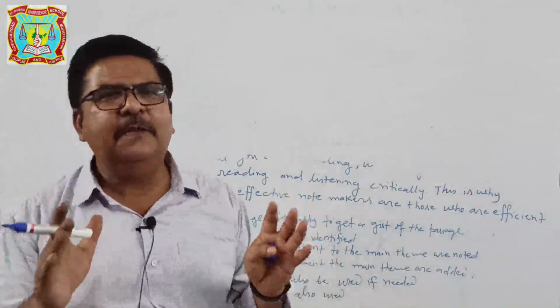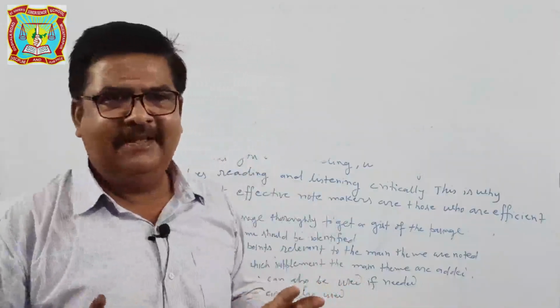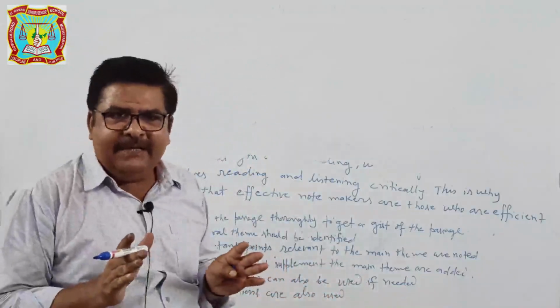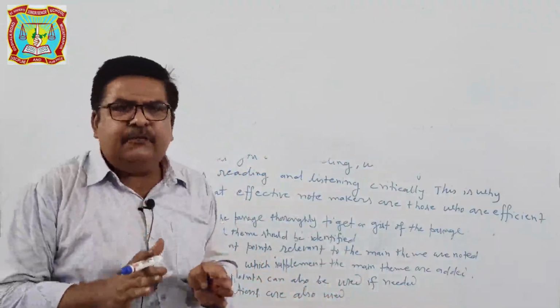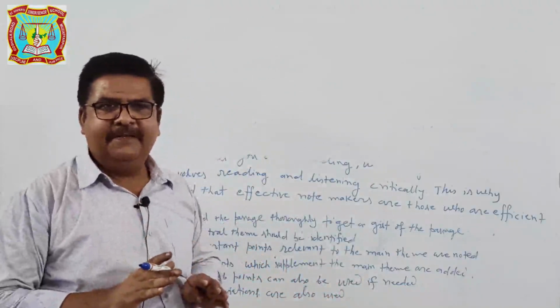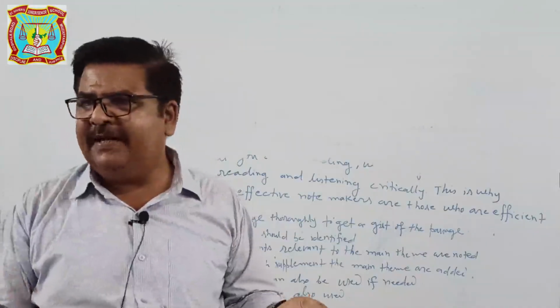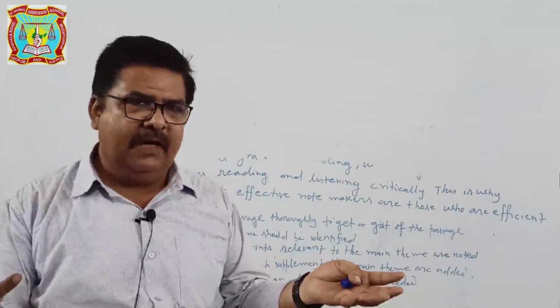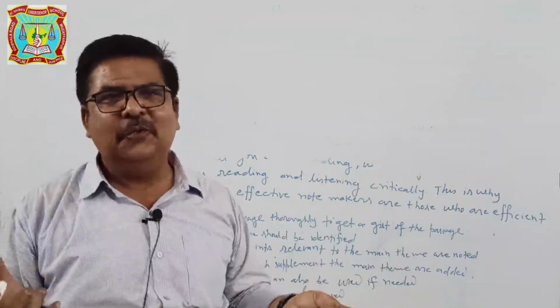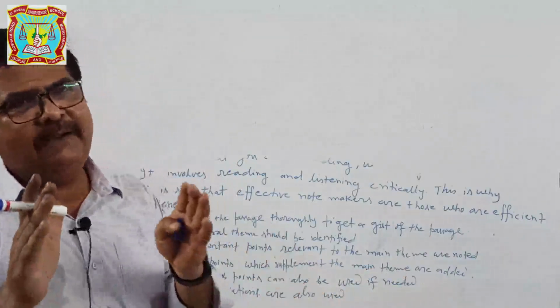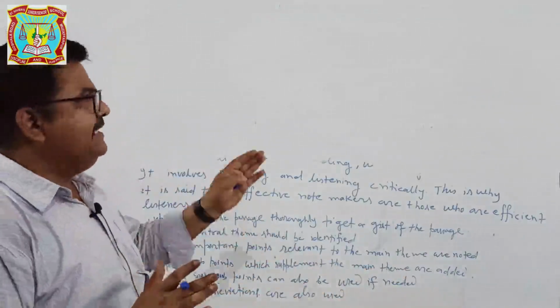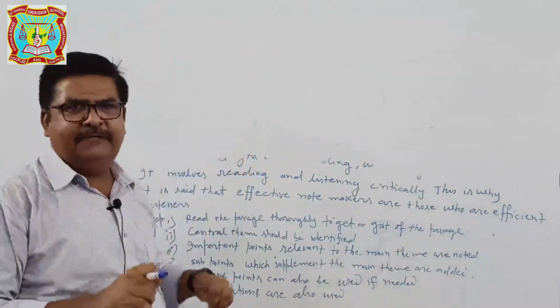Because in examination you will be given a passage. At present, let us concentrate on a passage only. In examination you will not be given an audio to listen to and make a note. There you will have a passage, and that passage will be of about 500 words.